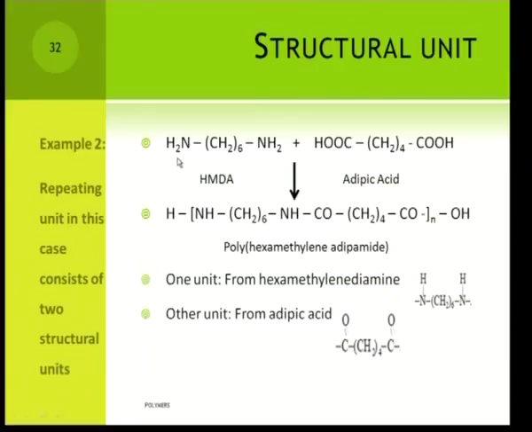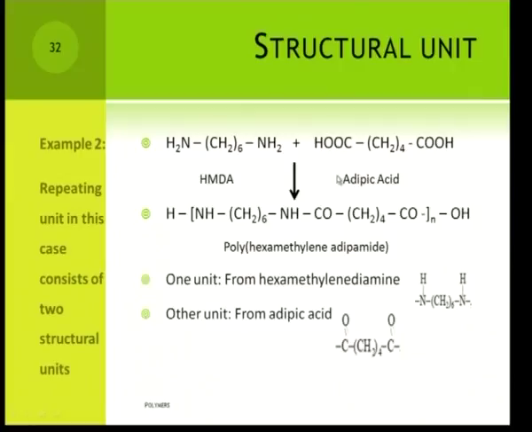Here you have the monomer unit, namely hexamethylene diamine, NH2 (CH2)6 NH2. This compound can behave as a monomer because it has two amine groups, NH2 on one side and NH2 on the other side. So, it is bifunctional in nature and hence eligible to behave as a monomeric unit. Now, this is monomer 1.